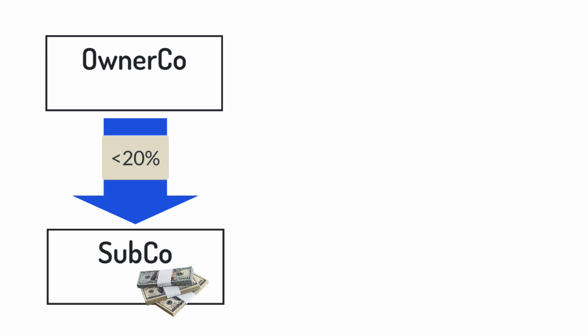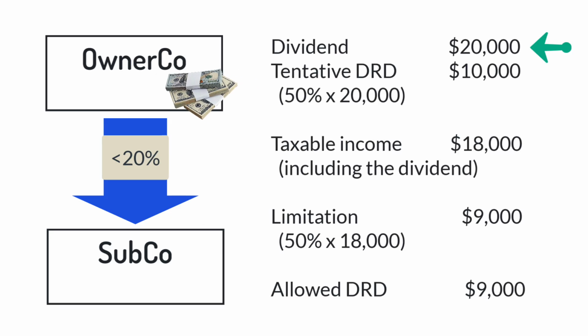Let's do another example, still with less than 20% ownership. Subco pays Owner Co. a $20,000 dividend. The tentative dividends received deduction, again, is $10,000. But this time, let's say that taxable income, including the dividend, is only $18,000. Now, the limitation is $9,000, 50% of $18,000.